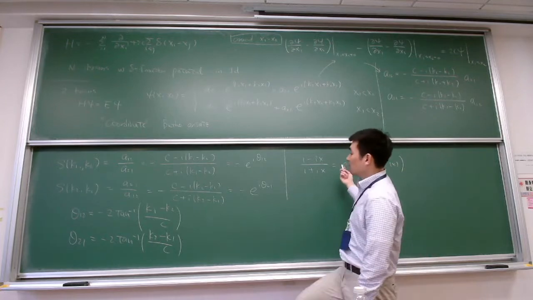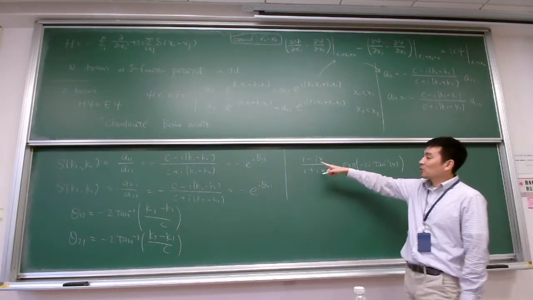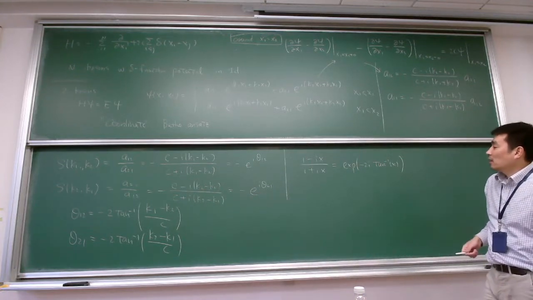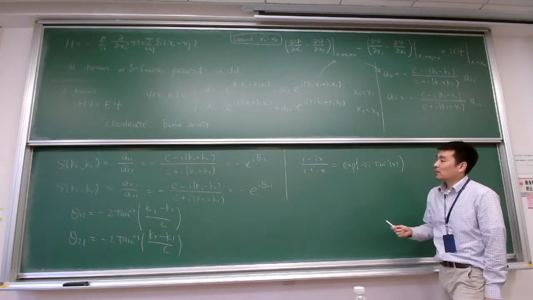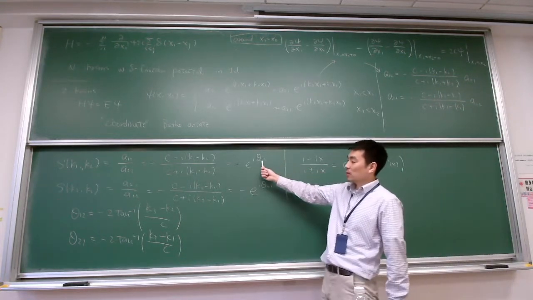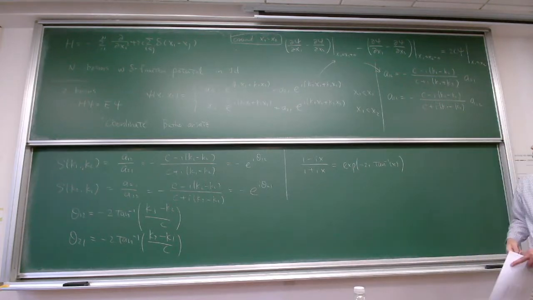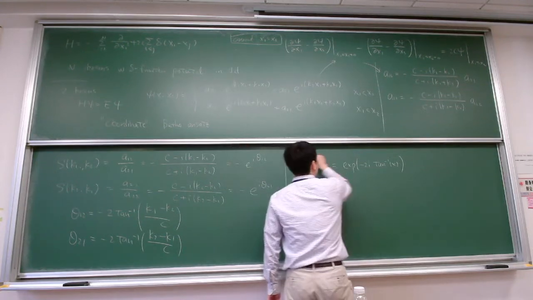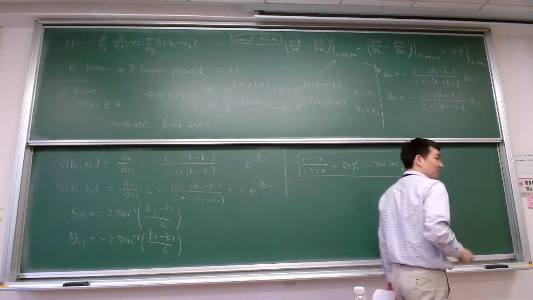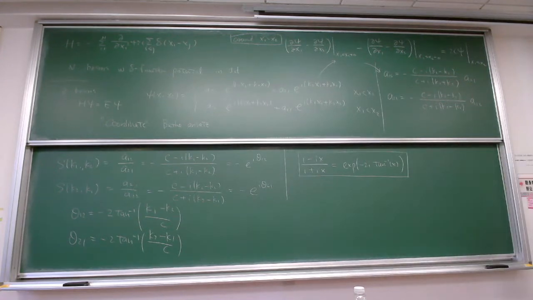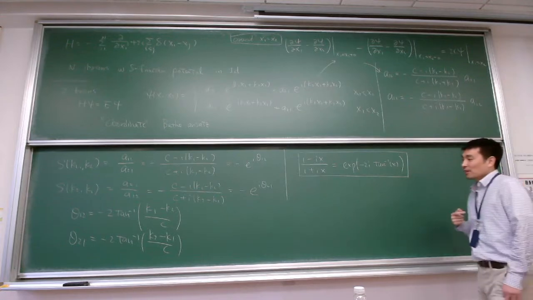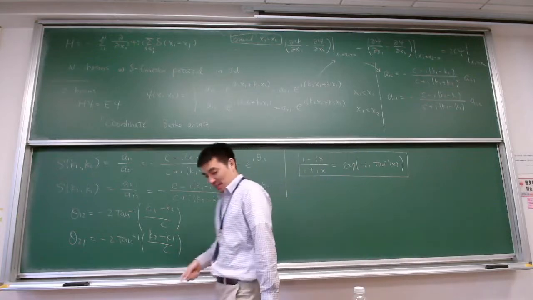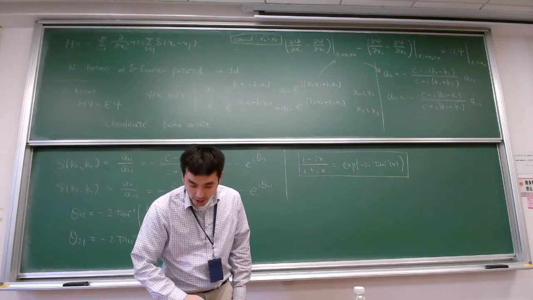If you use this relation, just plug in x equal to k1 minus k2 or k2 minus k1, then you can identify what theta 1,2 is. So this is a formula. Actually, if you try to solve the coordinate Bethe ansatz equation, you have to use this relation a lot. And this can be derived by just ordinary trigonometric functions.